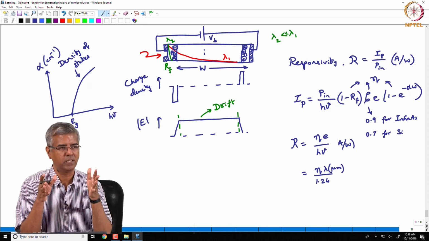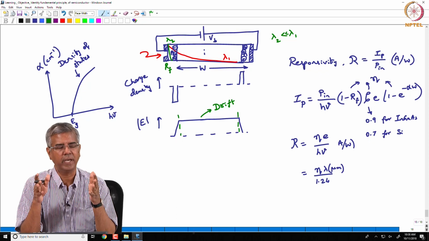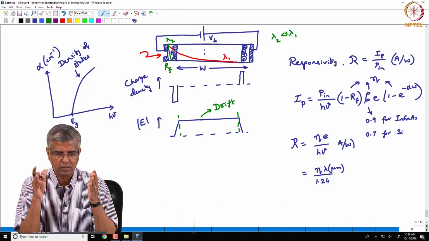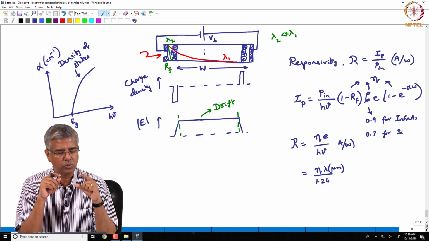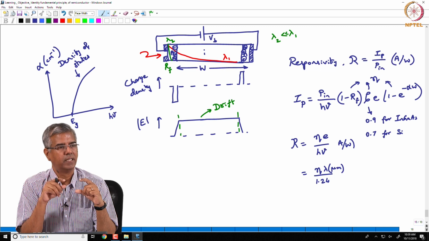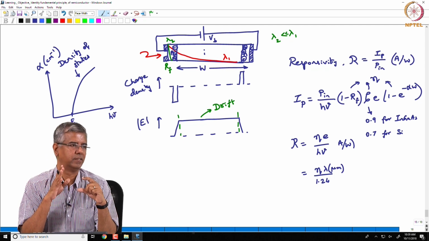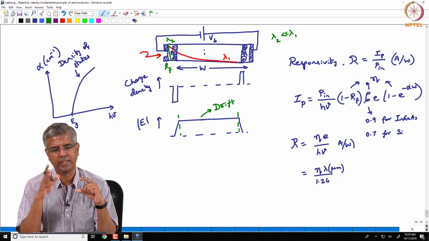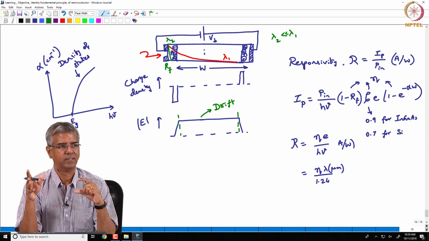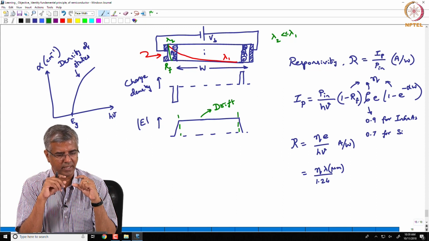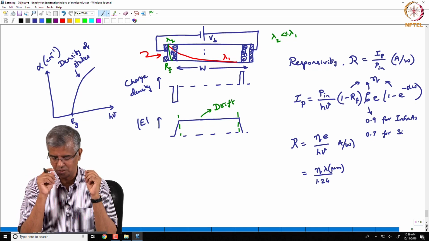So, there are three domains that we are talking about. One domain is if you have a wavelength which corresponds to the band gap energy, right, that is where you start absorbing. Any wavelength which has a corresponding energy which is less than the band gap energy is not going to get absorbed.